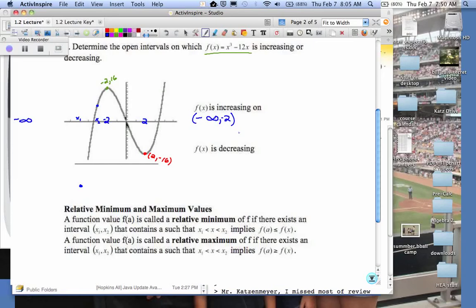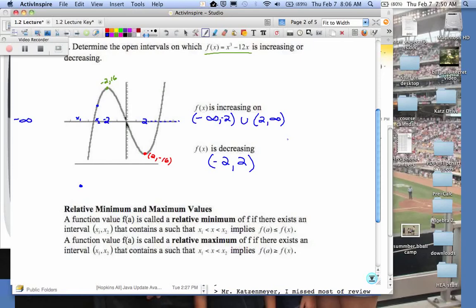The first one, you could start at this green dot, and you're going all the way over to 2, which would be the red dot. So what happens from green dot to red dot? It's falling. And so that's -2 to 2, decreasing. And then when we start at 2 again, and we move out to the right, the graph's starting to go back up. And it goes all the way out to infinity.